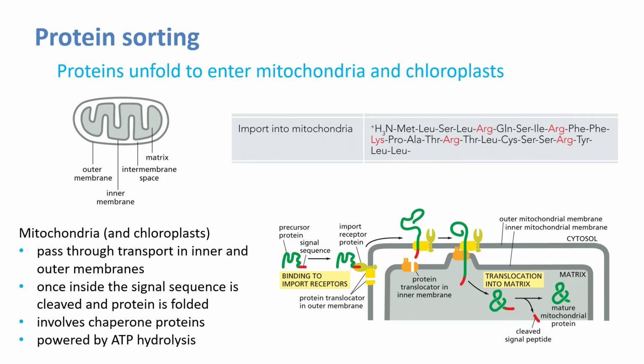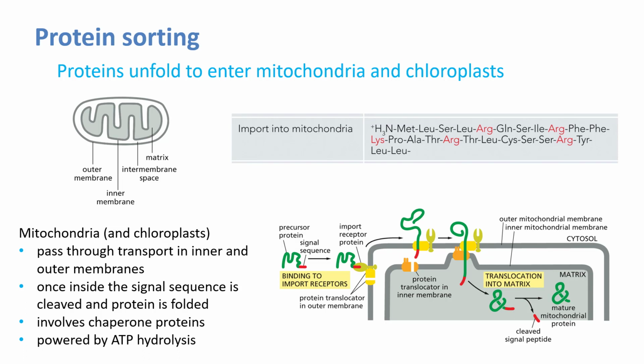The second mechanism we're going to talk about is when proteins are translocated across membranes in an unfolded state. And this tends to happen with proteins going across into the mitochondria and chloroplasts. So the signal sequence directs them to the outer membrane, and then the protein will pass through the outer membrane and then through the inner membrane through a translocator.